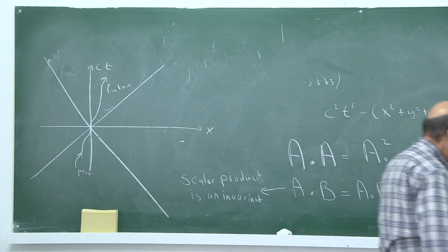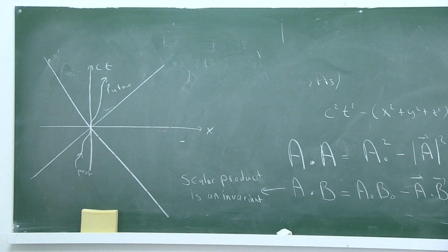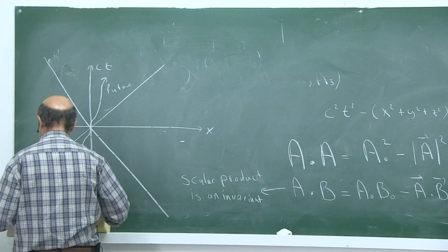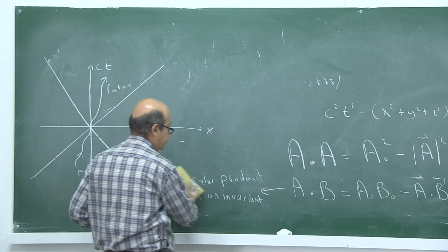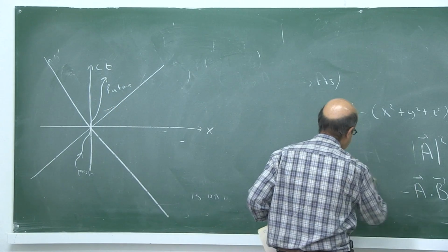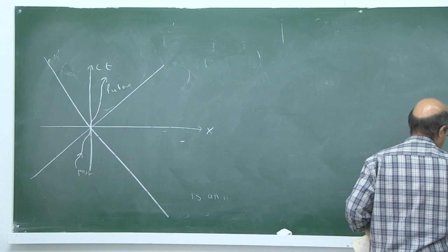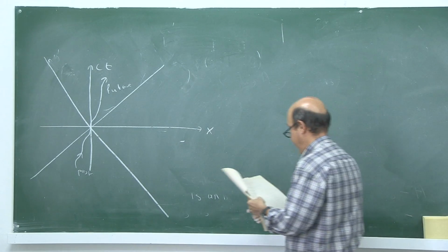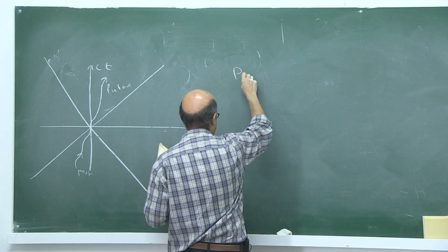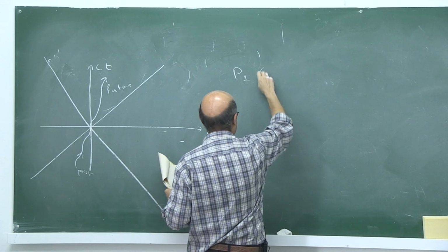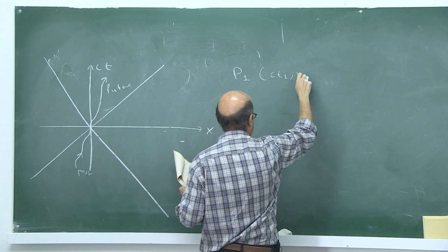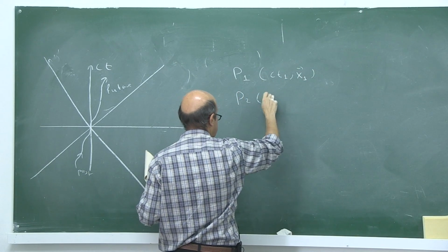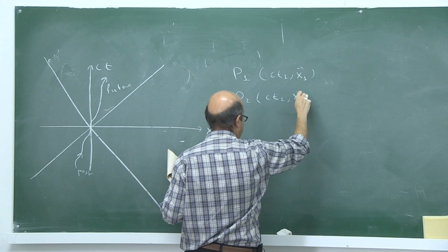So using the scalar product, you can define invariance. So basically, if you have two events, P1, which occurs at CT1 and X1 in three dimensions, and another, CT2, X2.